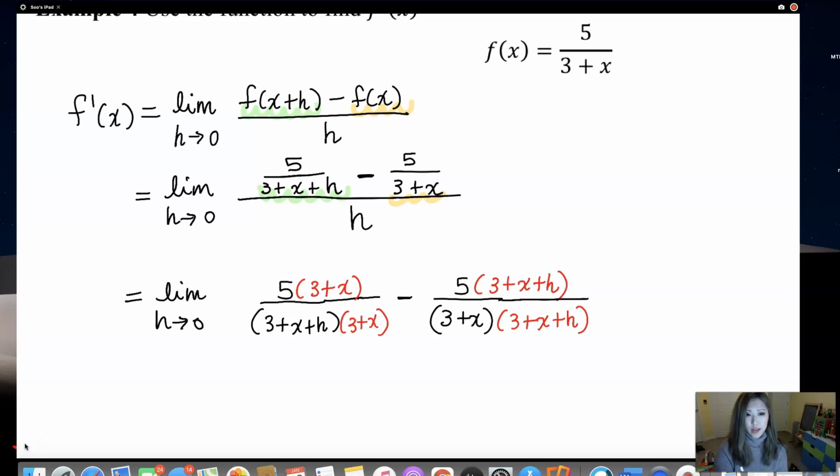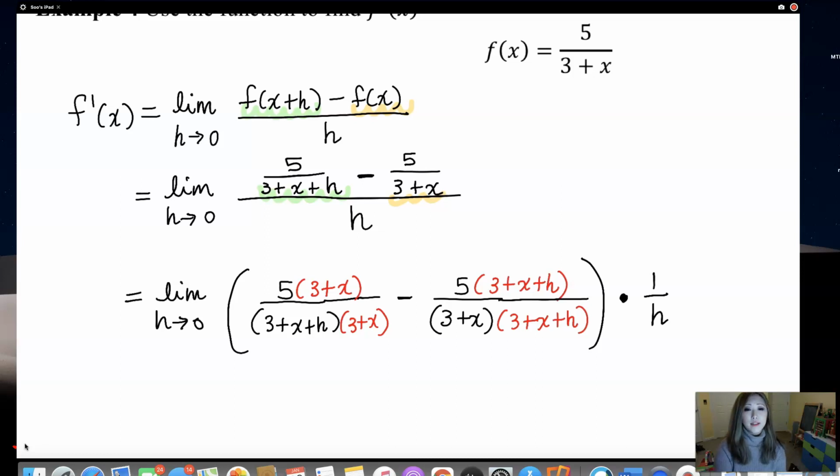And if you're wondering what happened to all over h, well, I was about to write it down, but this is pretty ugly. So instead of writing it over h, I will go ahead and draw parentheses around these and say I will multiply by 1 over h.